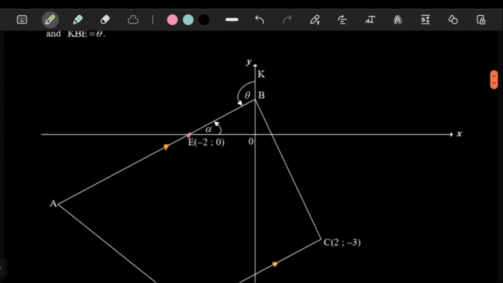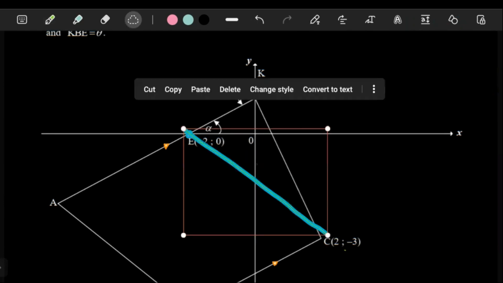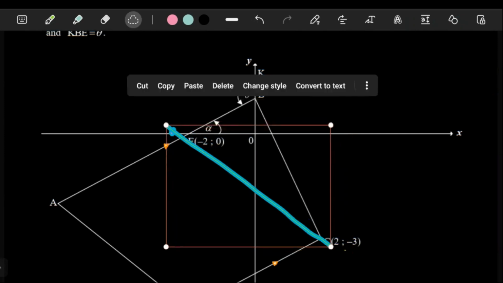The midpoint of EC. So if you look at the line EC, it's going to be somewhere there.